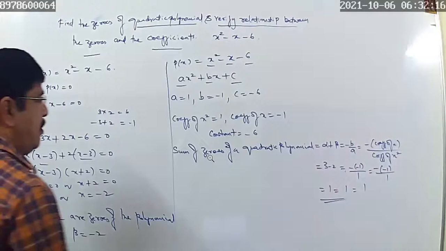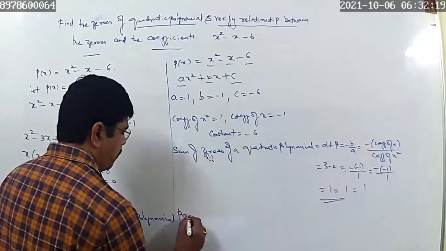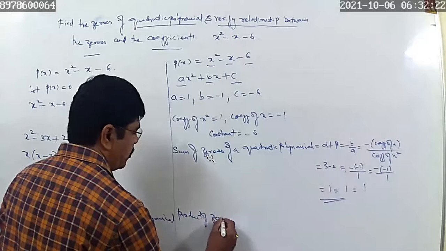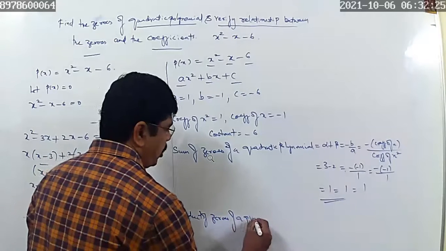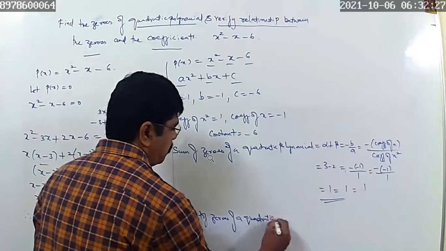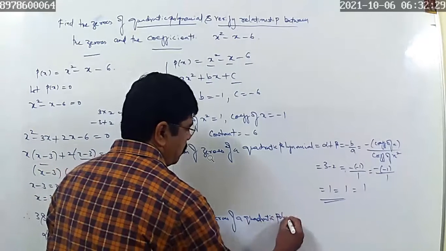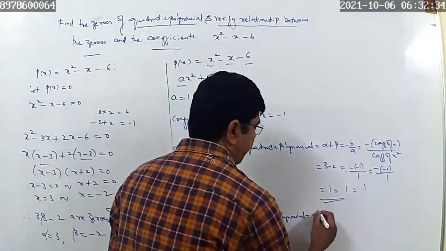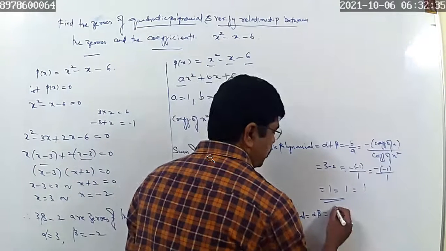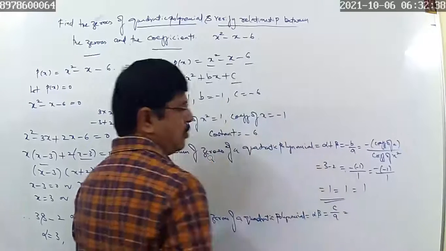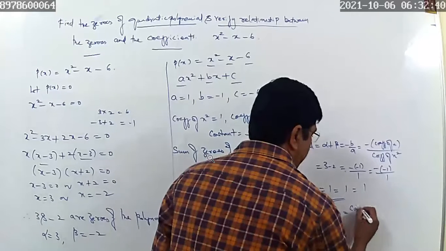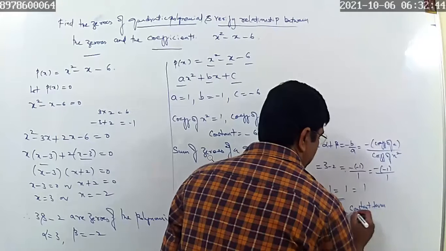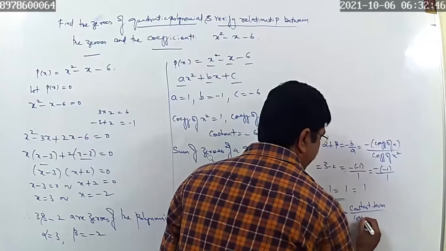Next one is product of zeros of a quadratic polynomial, equal to alpha beta, c by a, constant term by coefficient of x square.